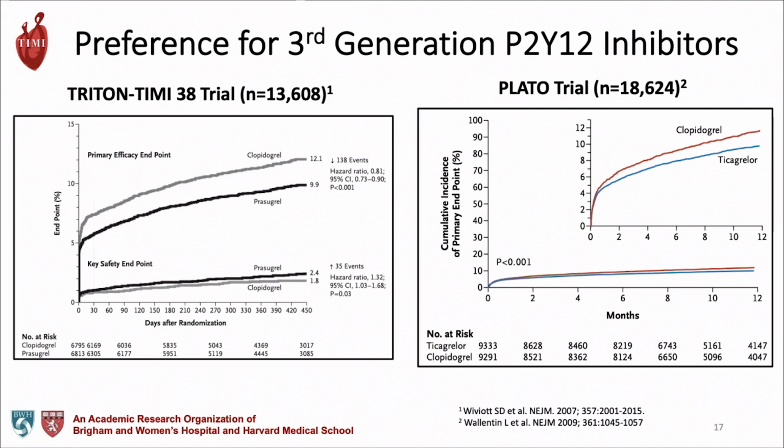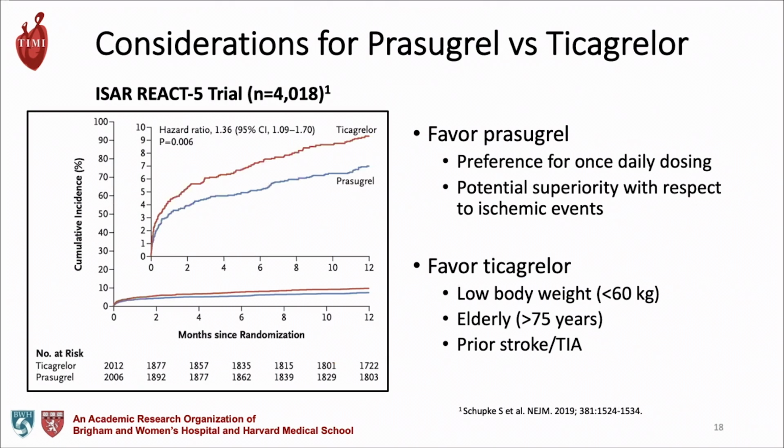But in general, the take-home is that both of these therapies are more potent for reducing ischemic events compared with clopidogrel. For years, we did not have any comparative data looking at prasugrel versus ticagrelor, but in the last couple of years, there was a trial called the ISAR-REACT 5 trial that reported, which was a pragmatic, open label trial comparing ticagrelor and prasugrel.